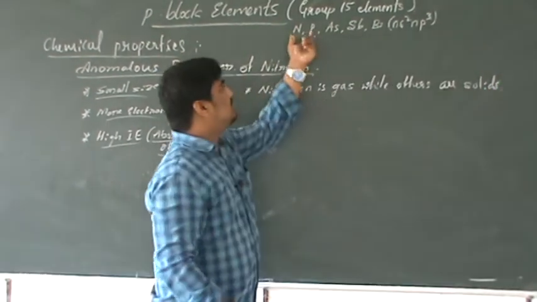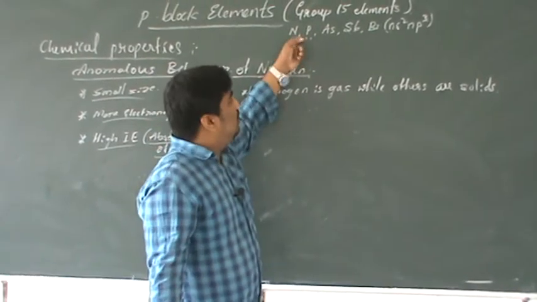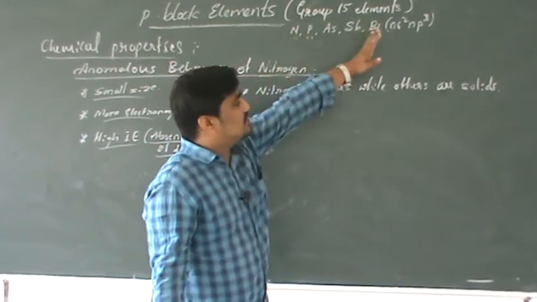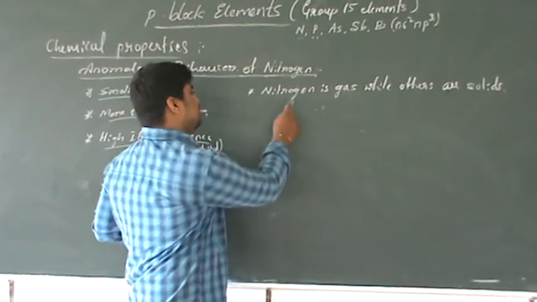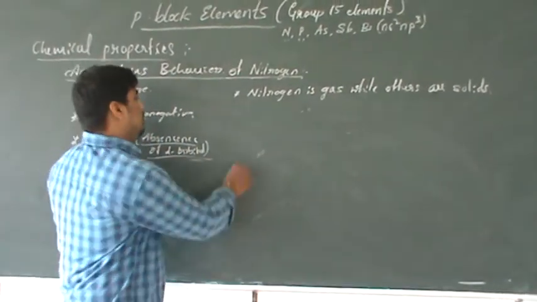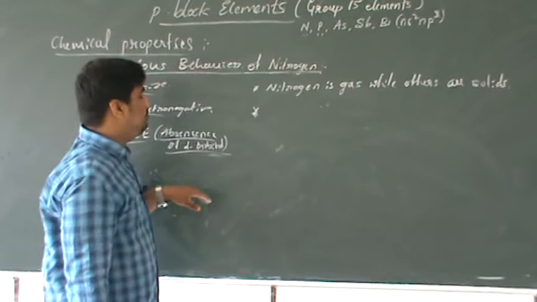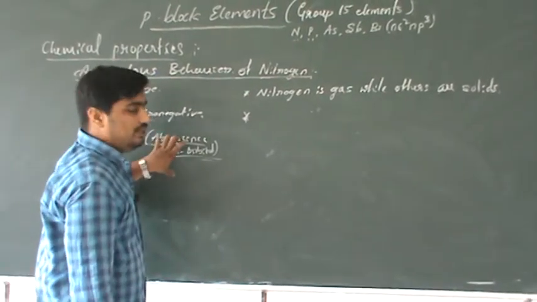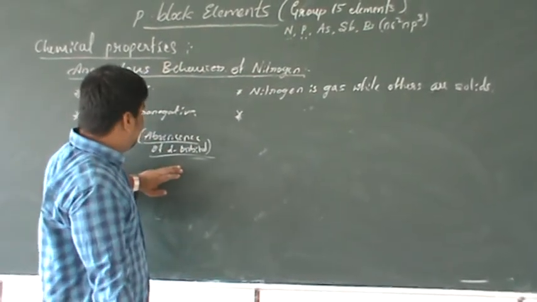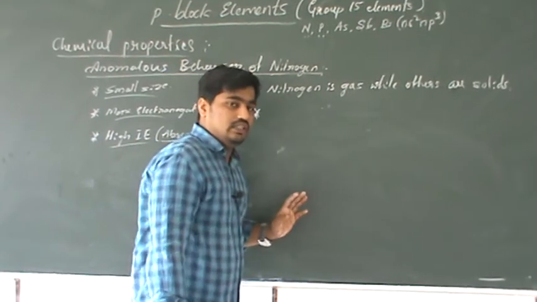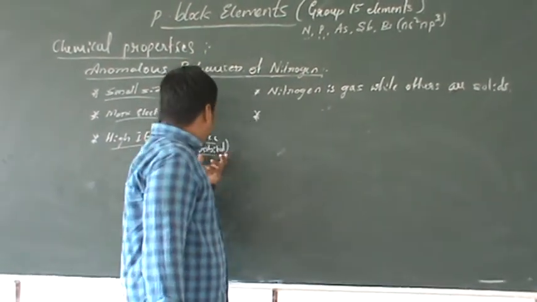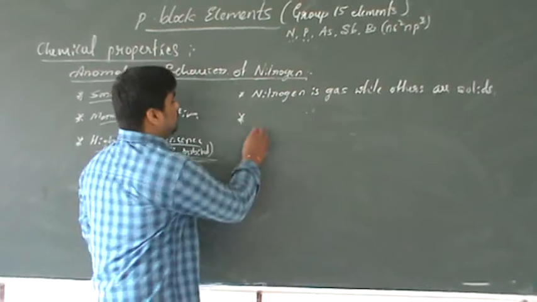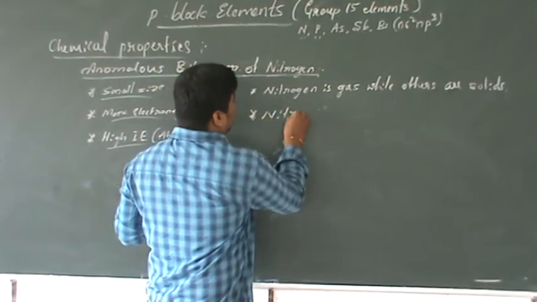Nitrogen exists in the gaseous state, others exist in the solid state. It is because of the smaller size and because of the absence of d orbital. Nitrogen does not show any polyatomicity.